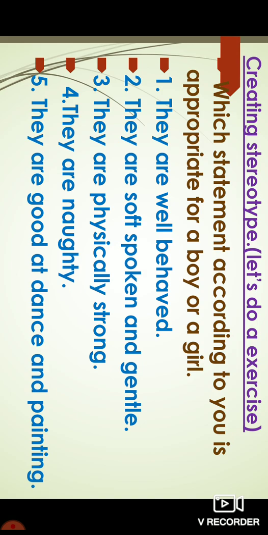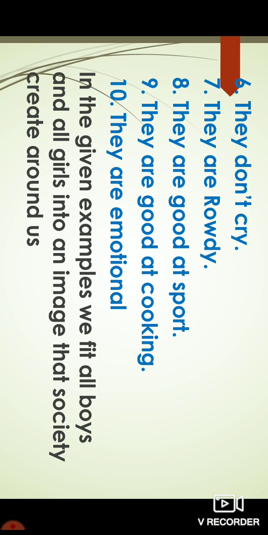They are good at dance and painting. Dancing and painting are done mostly by girls, right? Next, they don't cry. Yes, today also, if you cry at home, your mummy will say to boys especially, why are you crying like a girl? That means they don't cry, it comes for boys. They are rowdy.